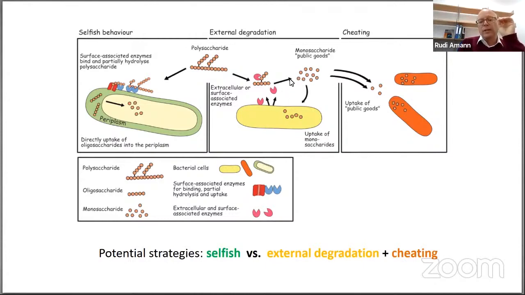So there's no doubt that this, let's say, mechanism exists. But there's a second mechanism where bacteria invest a lot of the genome into binding to the outer membrane of a large polysaccharide and uptake into the periplasm. This way, behaving selfish, so monopolizing an energy resource for themselves. So that's a new mechanism.